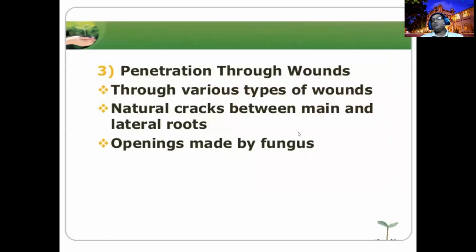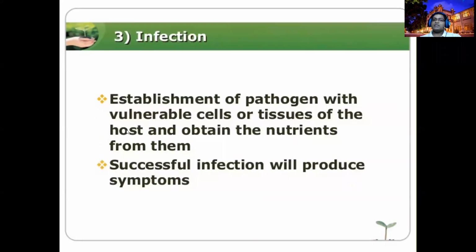Then penetration through wounds. Wind or other animals or insects, or human beings doing intercultural operations, can create wounds. If a wound is created, any type of organism can go in. Right? For these wounds, all types of organisms come under this category.